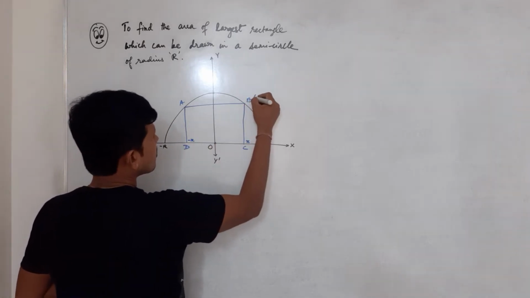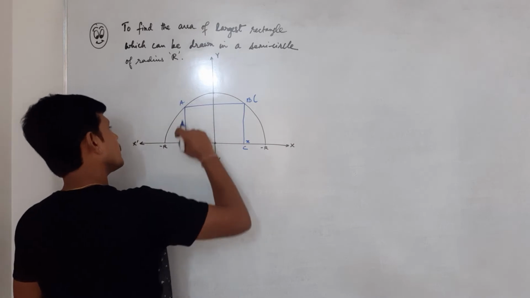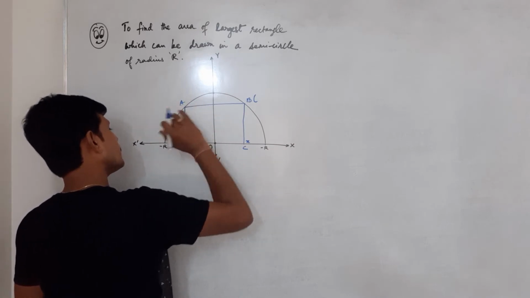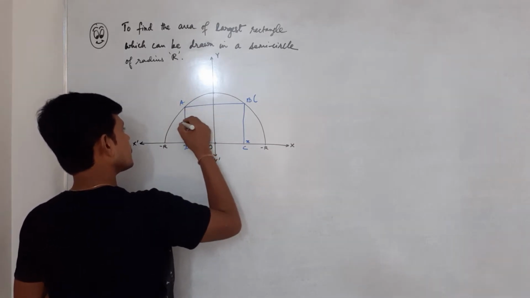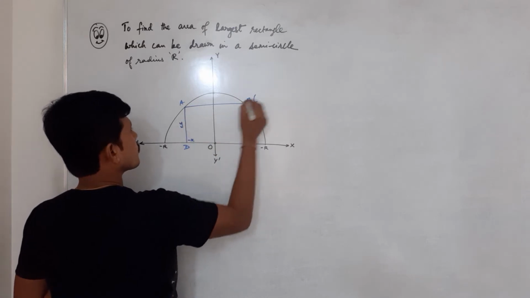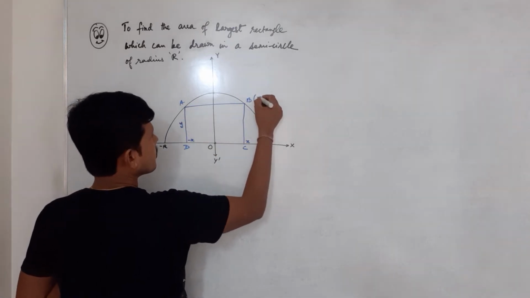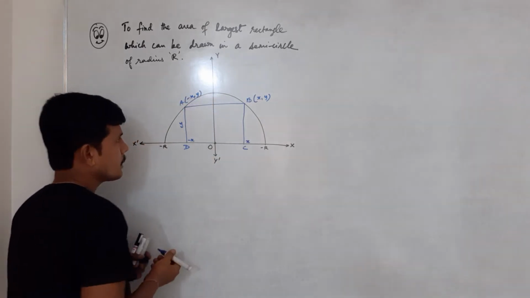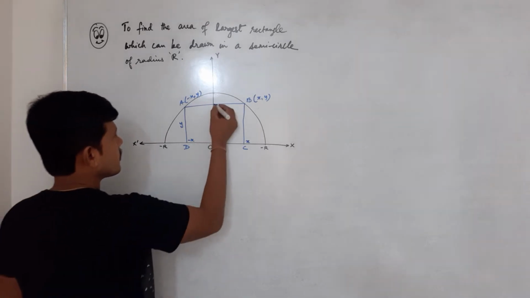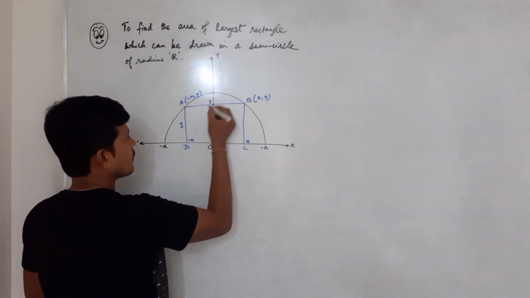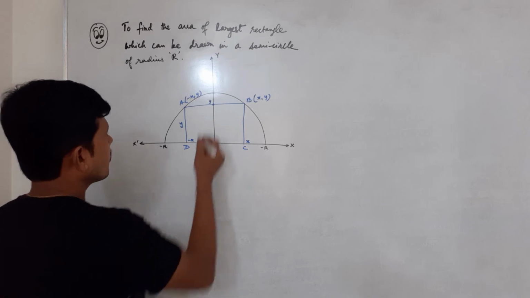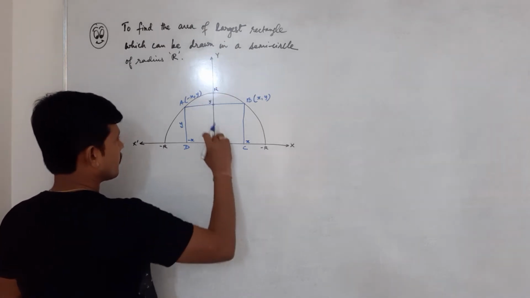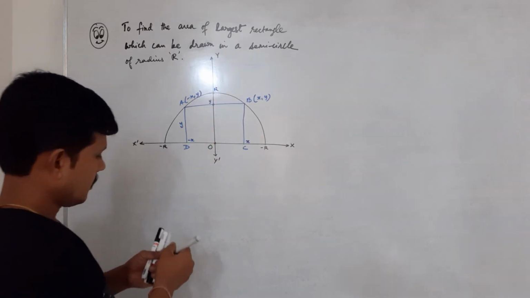The height of this rectangle is equal to y. So the coordinate of this point will be x comma y. Similarly, it will be minus x comma y. Now this point is y. Remember, and this is also capital R because it's a radius.